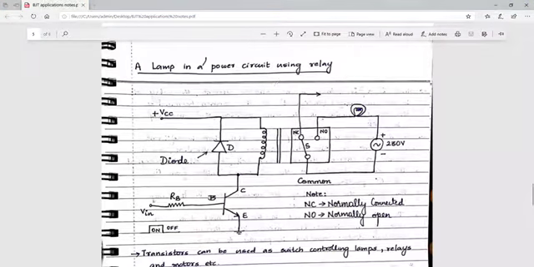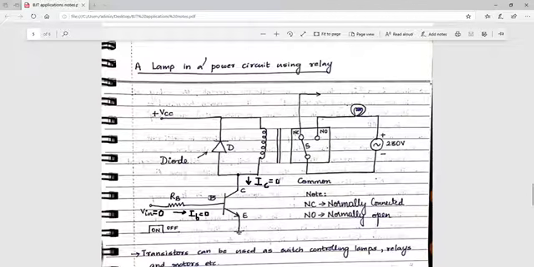So if this input is 0, we know that IB will be 0. If IB is equal to 0, our collector current IC will also be 0, because IC is beta times IB.